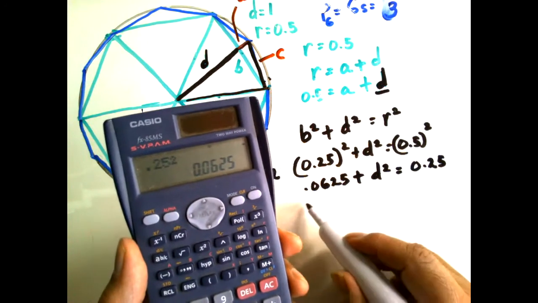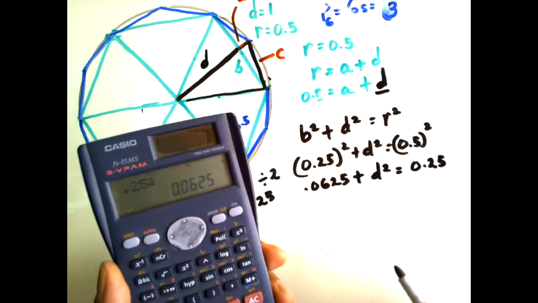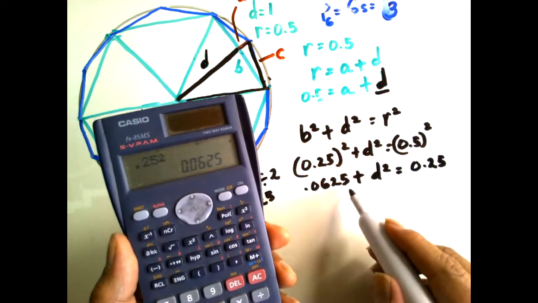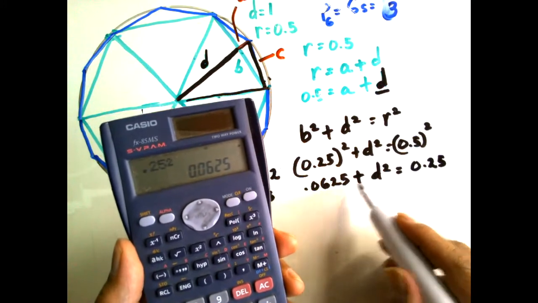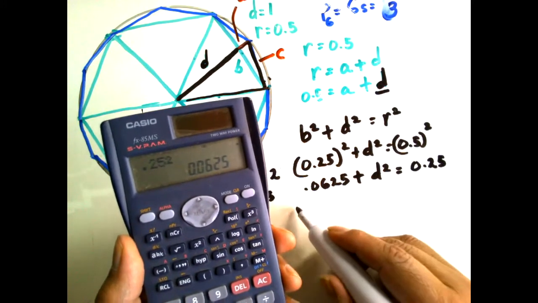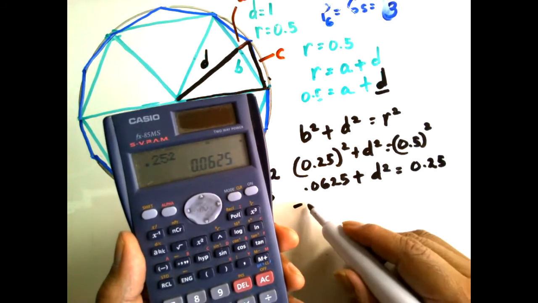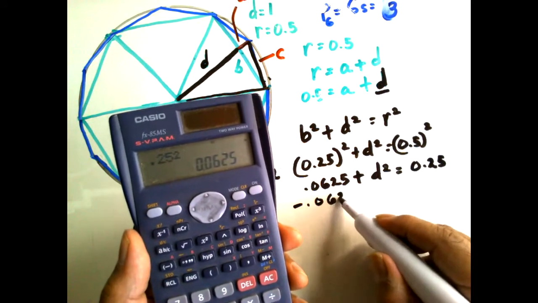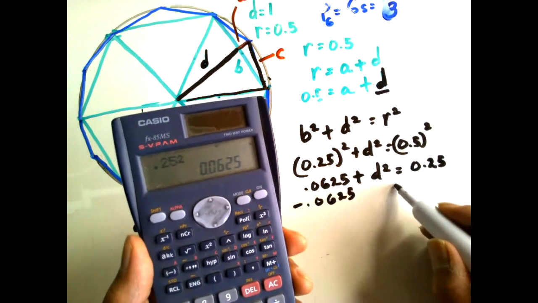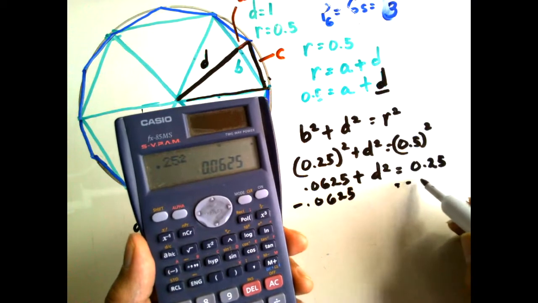Now, how do we get rid of this number? We only want a letter on the side, so we take it away. And what we do to one side, we do to the other.